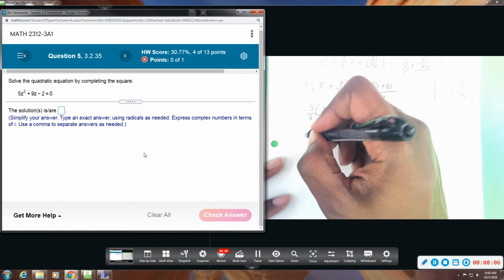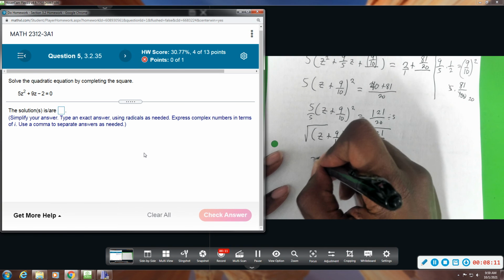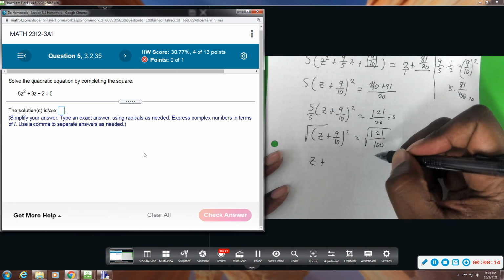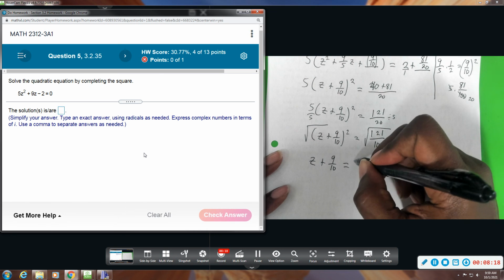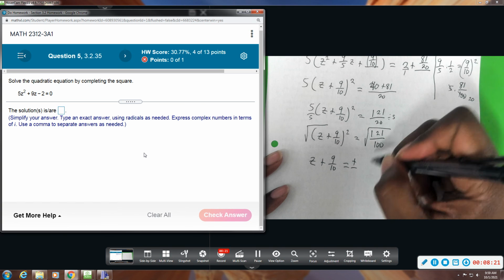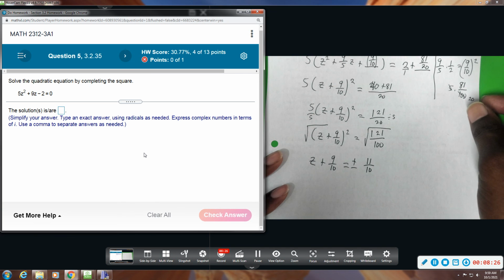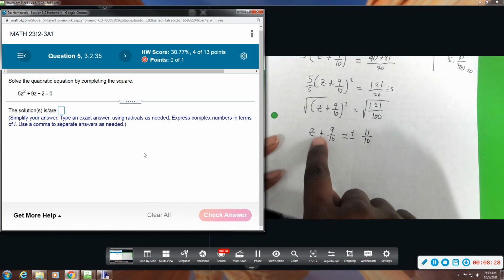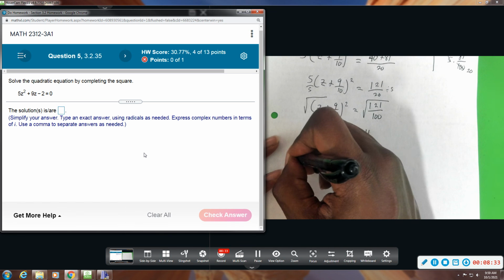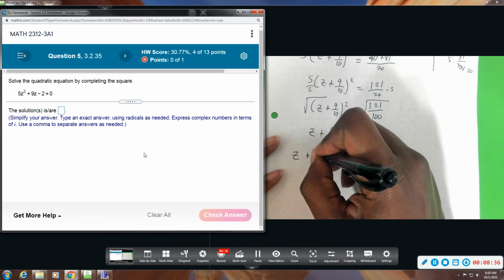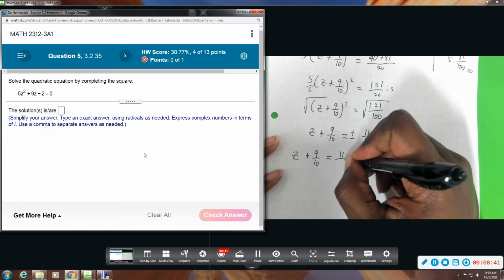From here, we will take the square root of both sides. That will get rid of the square here, so we will have z plus 9 over 10 equals positive or negative. Take the square root of both the top and the bottom. That will give us 11 over 10. So final step, we will subtract 9 over 10 and move it over. Or actually, let me just write it separate. z plus 9 over 10 equals positive 11 over 10.